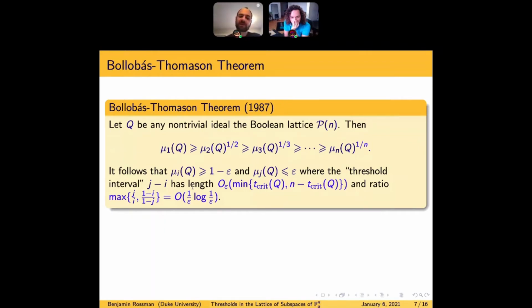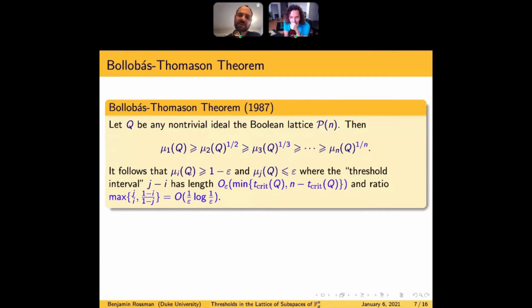for every epsilon, you pass from above 1 minus epsilon to below epsilon over j minus i steps, which is at most some order of the critical threshold, or in fact you can say the minimum of the critical threshold and n minus the critical threshold, since you can always take the dual ideal anyway.